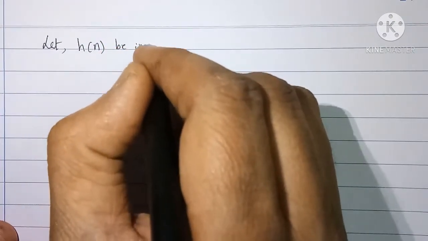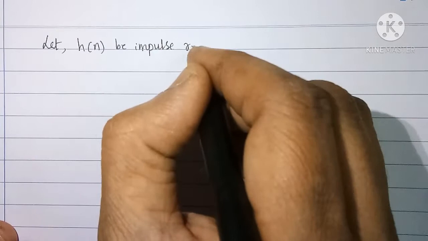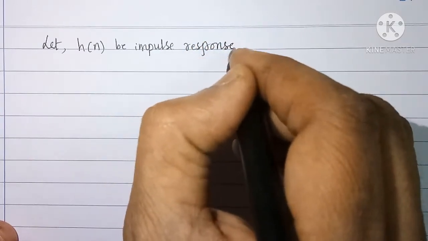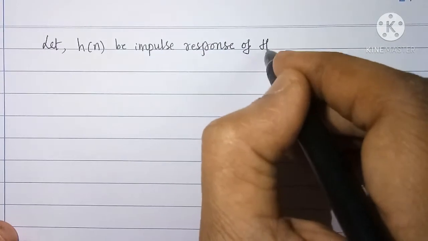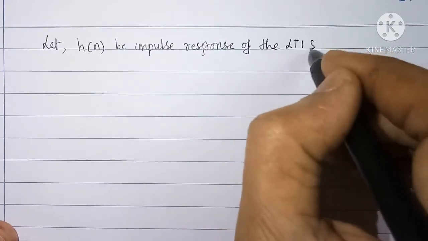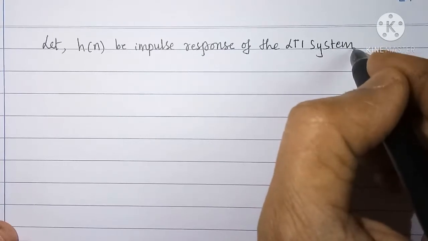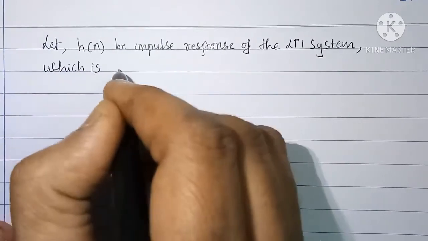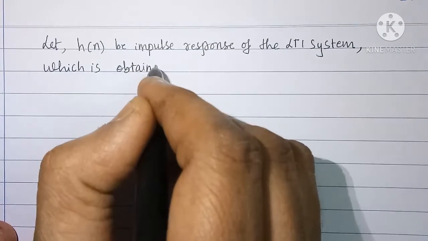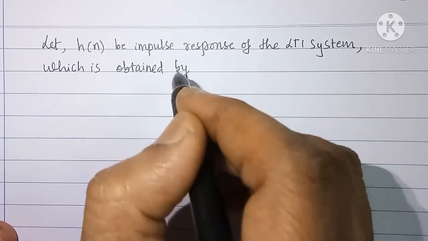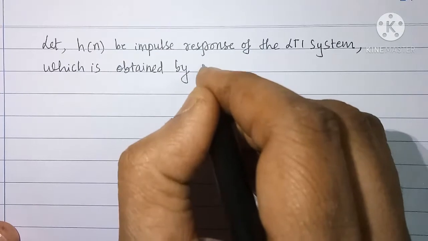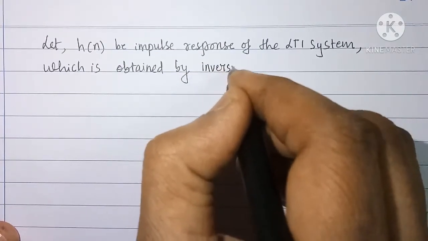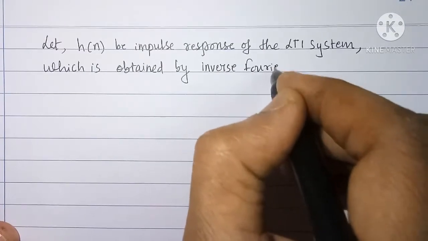Let h of n be the impulse response of the LTI system, which is obtained by inverse Fourier transform of h of e raised to j omega.